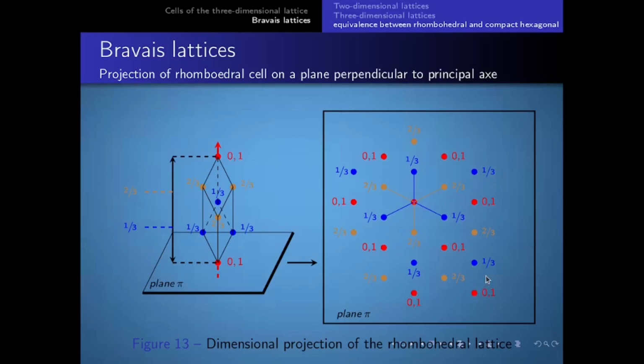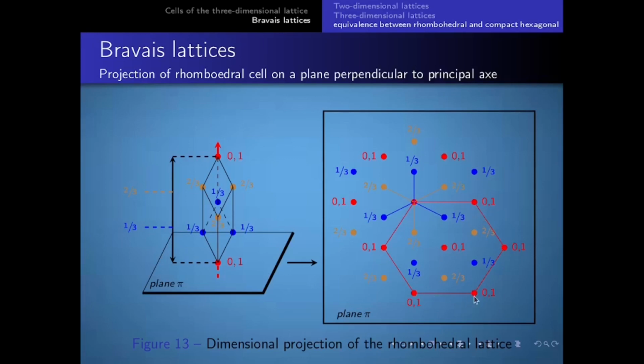To terminate this drawing, we show this pattern here, which is red. Now we join these red patterns, and we find that this system can be described by a hexagonal system.